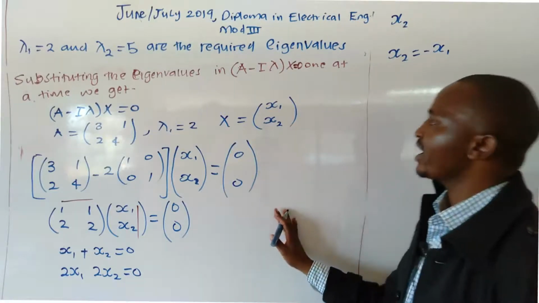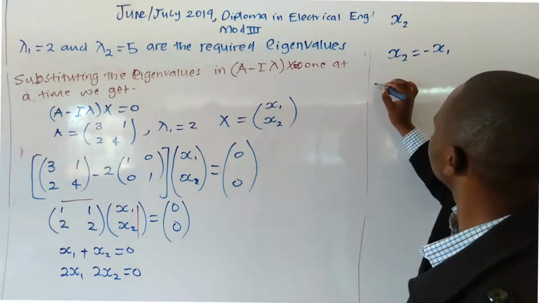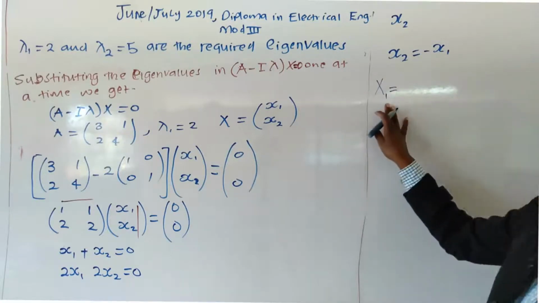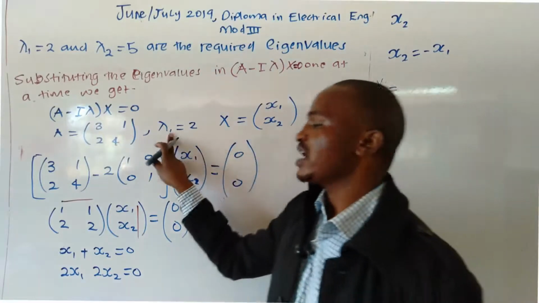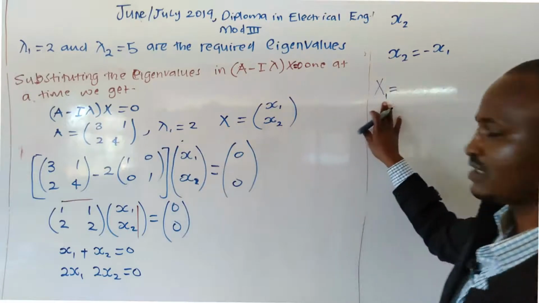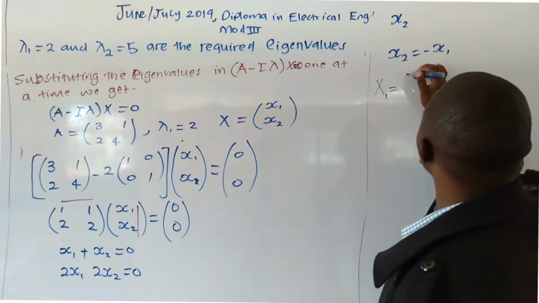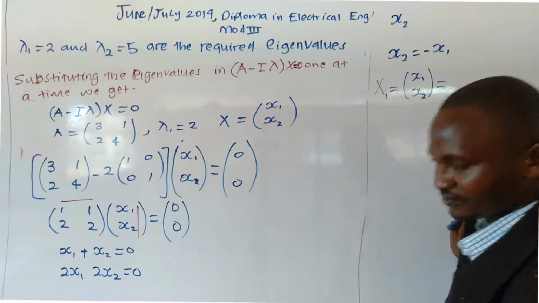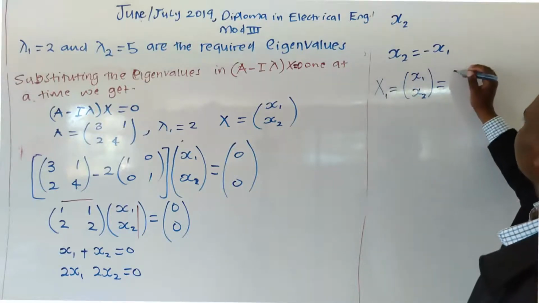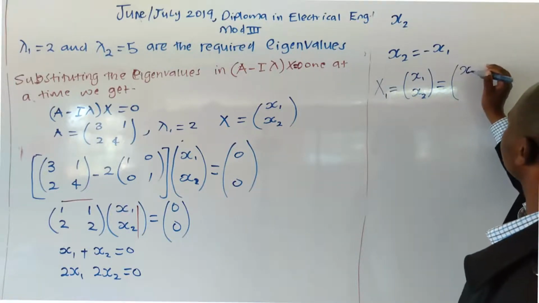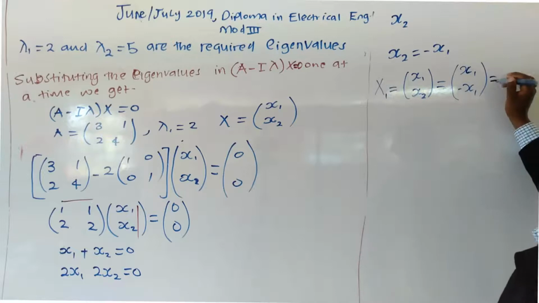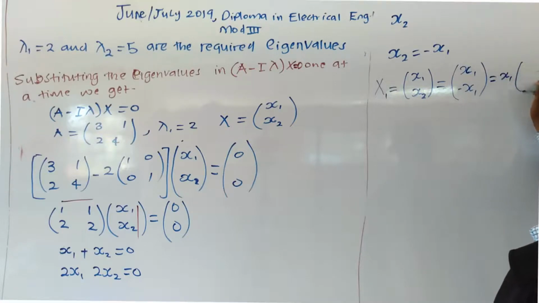We can say the first eigenvector x1 is equal to, because it is the eigenvector corresponding to eigenvalue lambda 1, we call it x1. x1 is (x1, x2), that we have just seen, x2 equal to negative x1, so we can say this is equal to x1 times (1, negative 1).